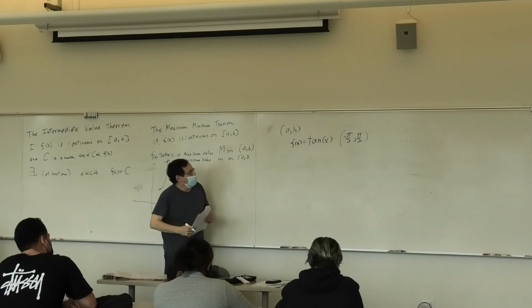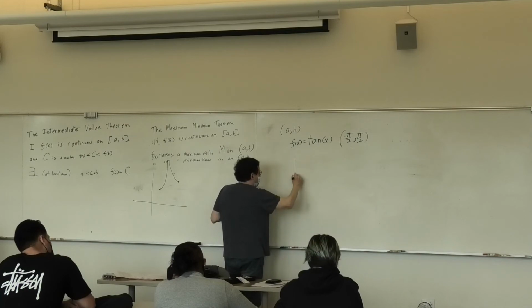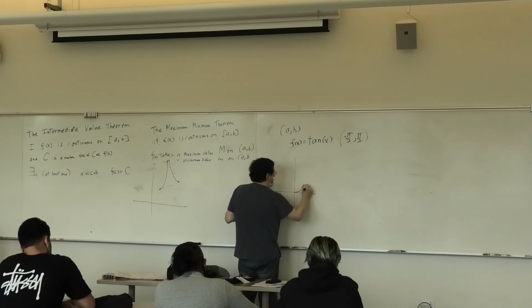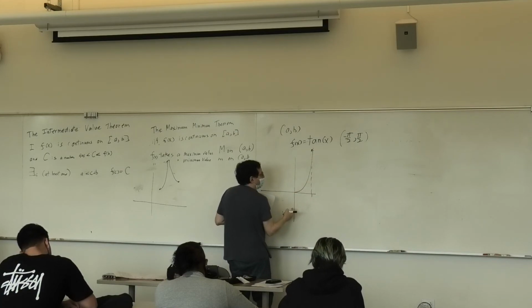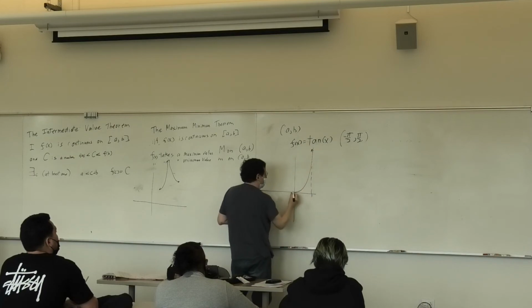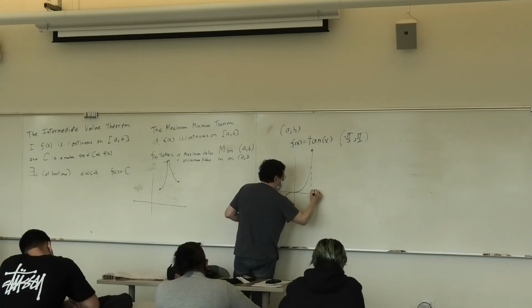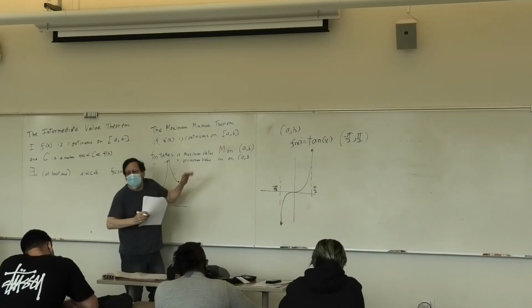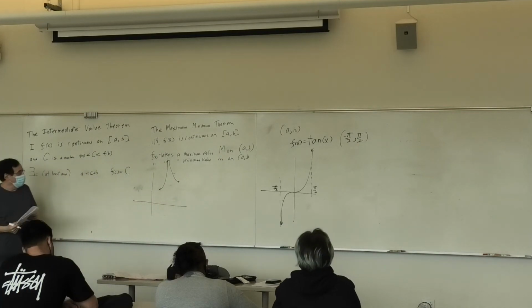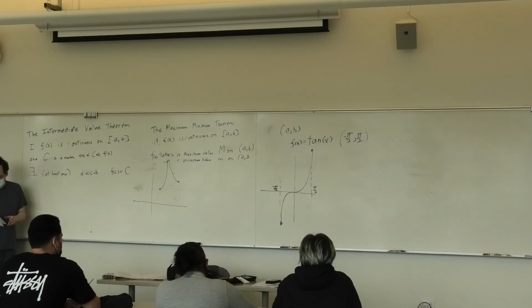It's continuous on its domain, which includes this interval. What happens to this function? Well, as we get close to pi over 2, it kind of shoots off. And as we get close to negative pi over 2, it also shoots down. So you need this to be a closed interval. If you have a closed interval and a continuous function, you know it has to have some maximum and some minimum.